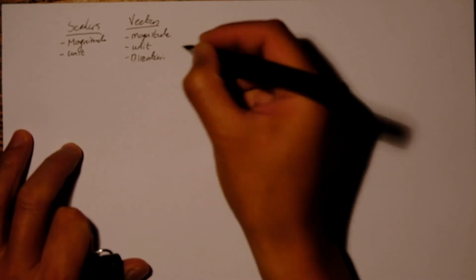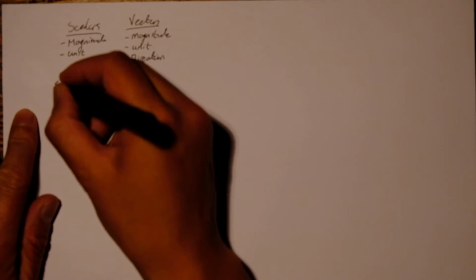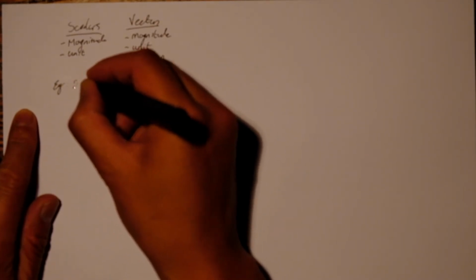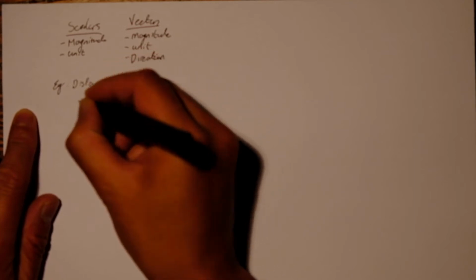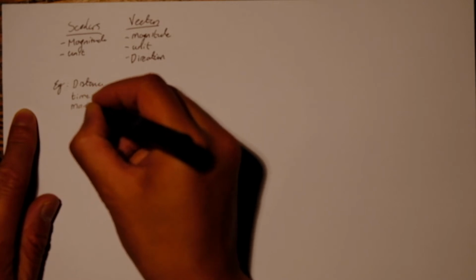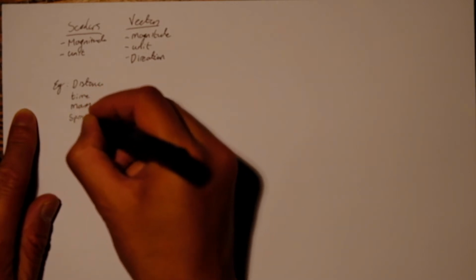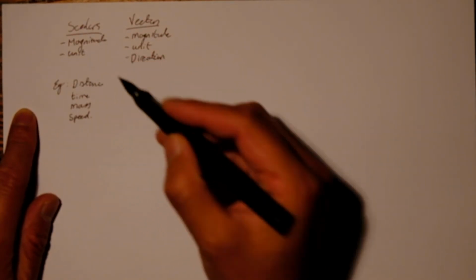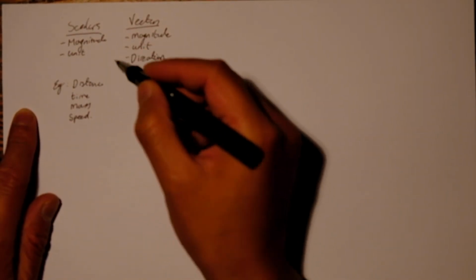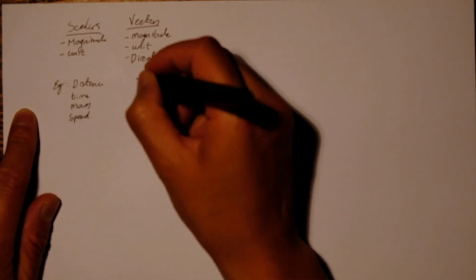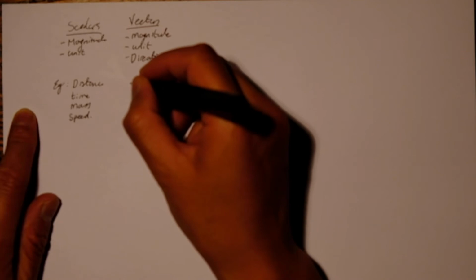Right. Now, quick examples of scalars would be things like distance, time, mass, speed. All of them can be quantified, given a number and given a unit, but they do not have a direction.